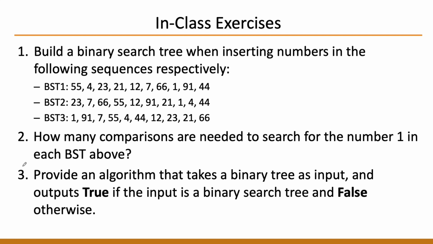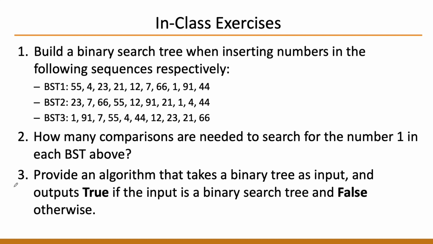Okay, number 3 is the algorithm design question, right? A very well-known one. So try to think about how you use the assumption behind the binary search tree to check a given binary tree as an input and return true or false, indicating whether or not this binary tree is a binary search tree.